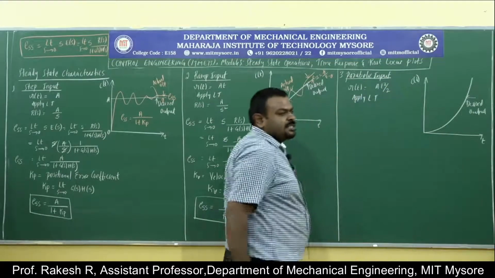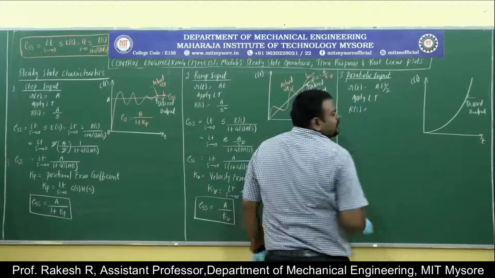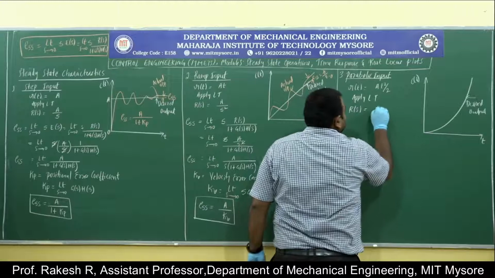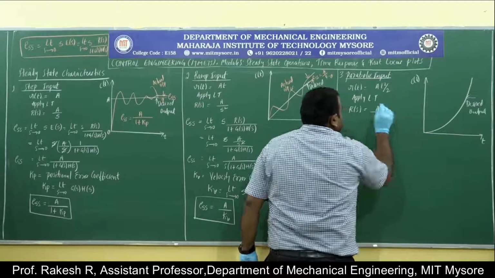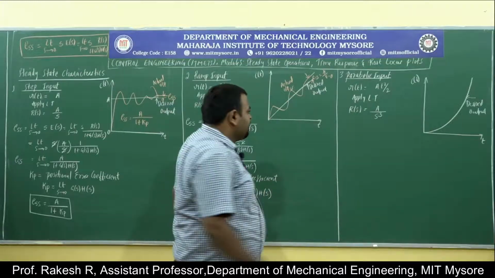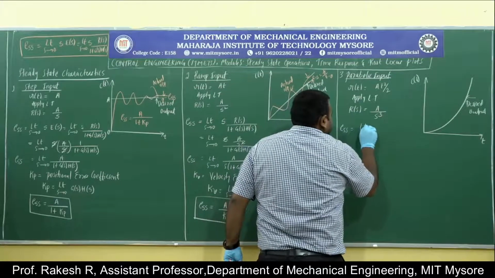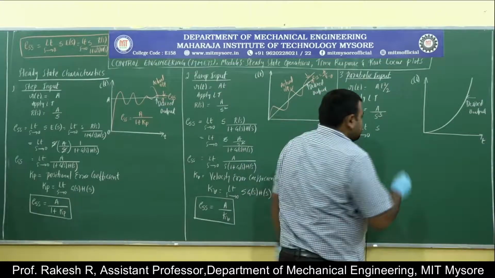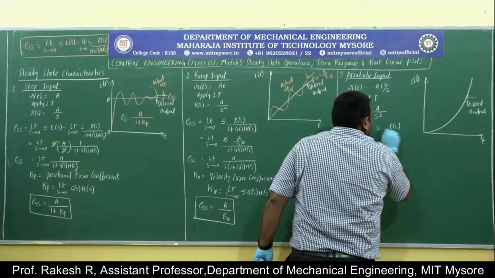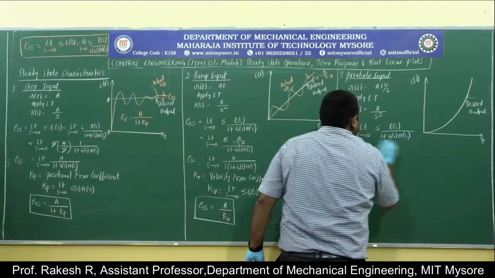I want R of s here. R of s will be equal to, what is the Laplace transformation here? A by 2 into 2, that will get cancelled. A divided by s cube, directly I will be writing. And what is the steady state error? Steady state error is limit of s tends to 0, s into E of s. What is E of s? R of s divided by 1 plus G of s into H of s.